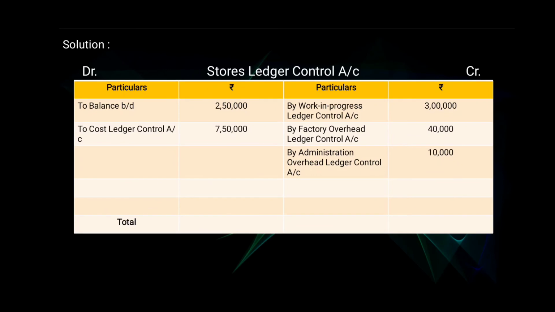So now let us take the total of stores ledger control account. So the total amount is coming as 10 lakh on the debit and on the credit side. And the balancing amount is coming on the credit side by balance carried down. Amount is 6,50,000.